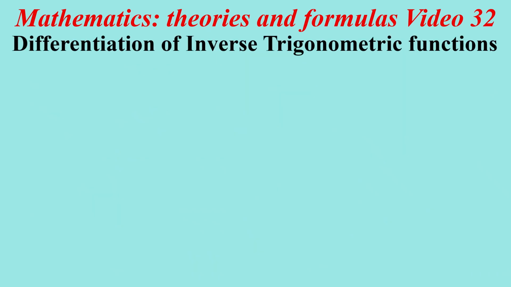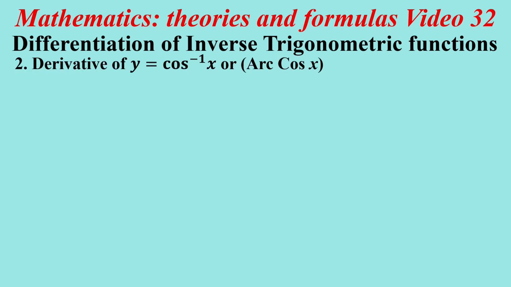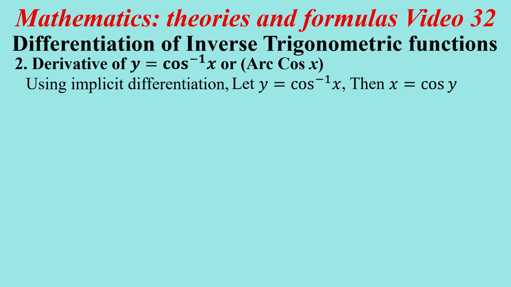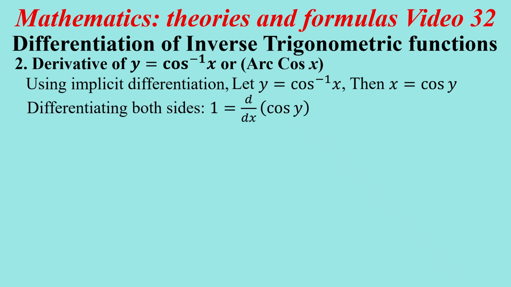Now we are going to differentiate cos inverse x, or arccos x. Let y equal cos inverse x. Then x will be equal to cos y, as per the rule of inverse functions. So we differentiate both sides.